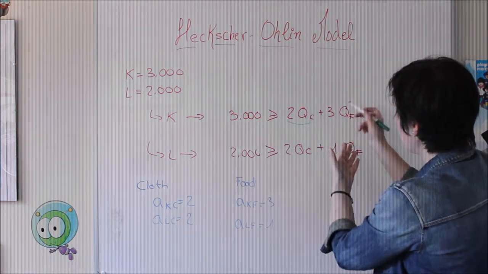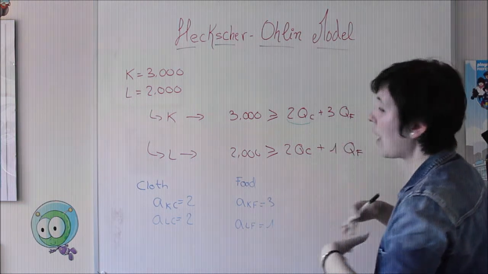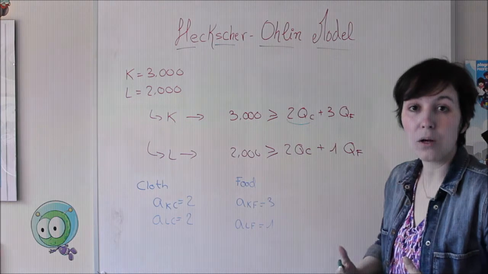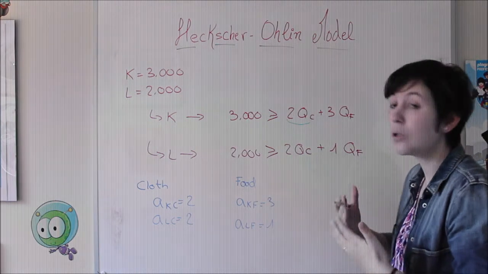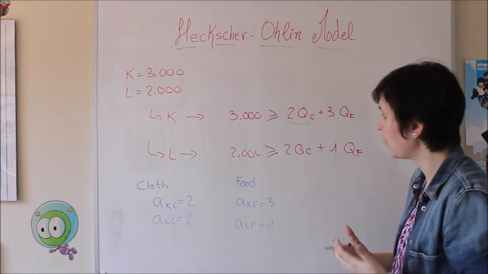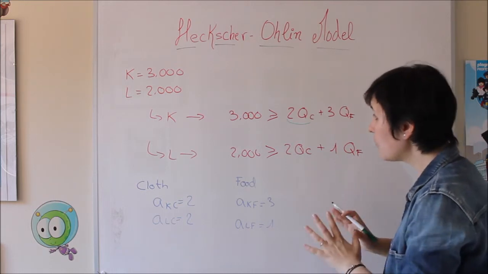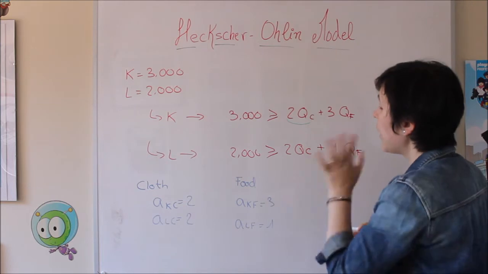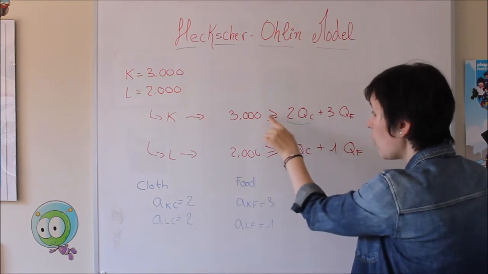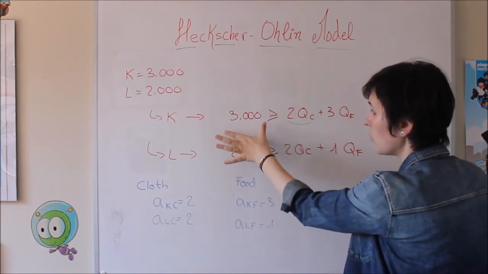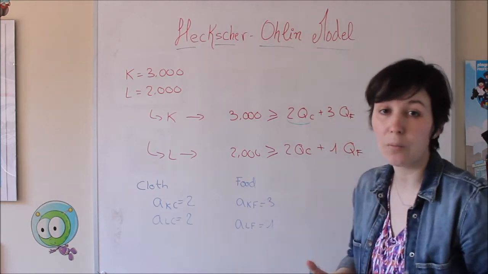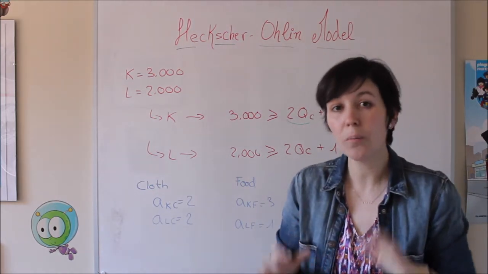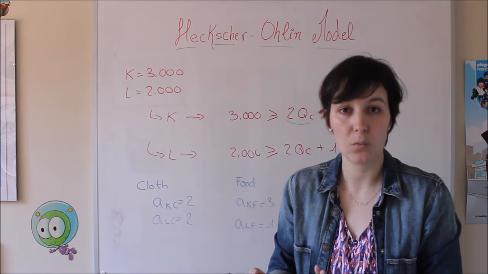This is going to increase as higher is the amount of each good that we produce in each industry. We know that as maximum, the total amount of capital that we can use is 3,000. So it can be smaller or equal to this value, but never higher, because we are in a closed economy and that is the amount of capital that we have.